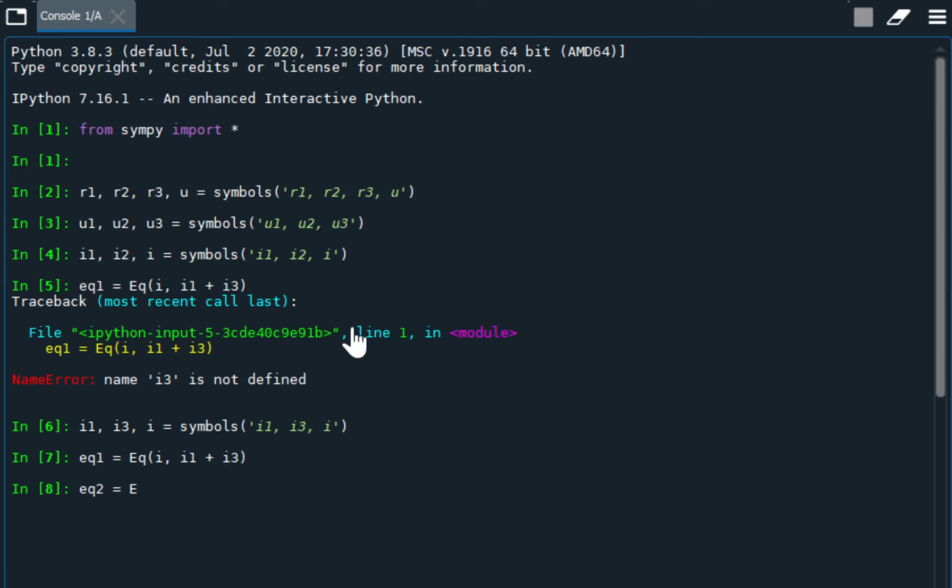The second equation is for the... that one was the U3 minus U1 equals 0.